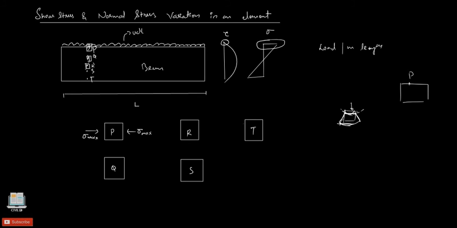Now our Q stands out to be here. Now you can see that there is some sort of shear stress existing. Now the shear stress can also occur in the same manner but in different directions with respect to the normal stress as well. How is that?